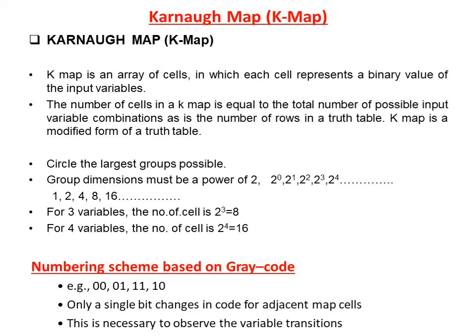We have to group the cells in this order only. That is, we can group 1 cell, 2 cells, 4 cells, 8 cells or 16 cells. For three variables, the number of cells in the Karnaugh map is 8. For four variables, it is 16. The numbering scheme used in the K-map is gray code, where only a single bit changes from one cell to the next.